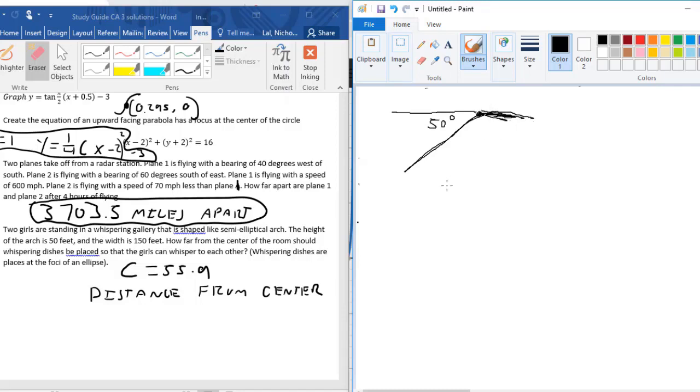And this will have a magnitude of 400, and an angle of 180 minus 50, that'll be 130.